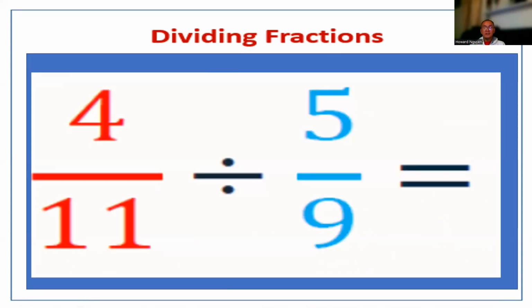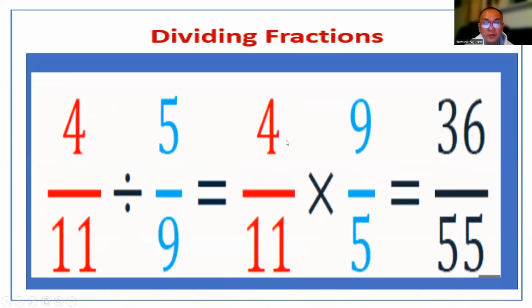Do this by yourself. 4 over 11 divided by 5 over 9. KCF. Keep, change, flip. So you keep 4 over 11.